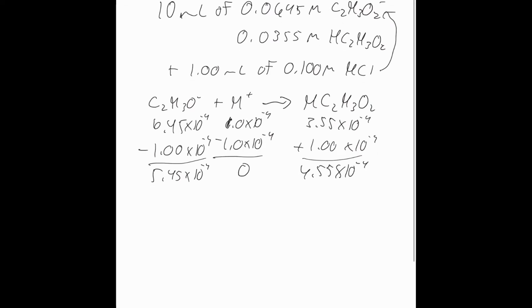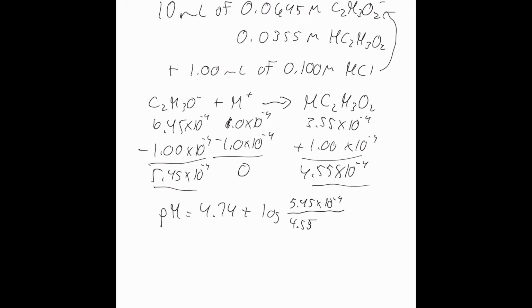Now to determine the pH, we still have buffer because we still have acetate and acetic acid, so we're going to use the Henderson-Hasselbalch, which is 4.74 plus the log of the concentration of the base. Now, I'm going to do a shortcut here. I'm going to write 5.45 times 10 to the minus 4. Now, I could divide that by 11, or 0.011 liters, to get it to concentration.